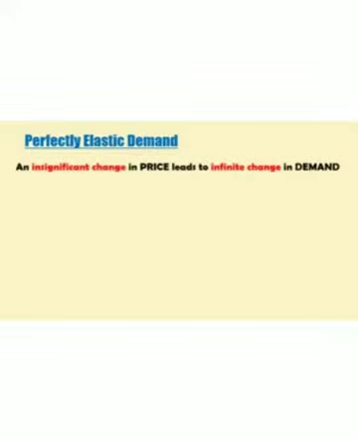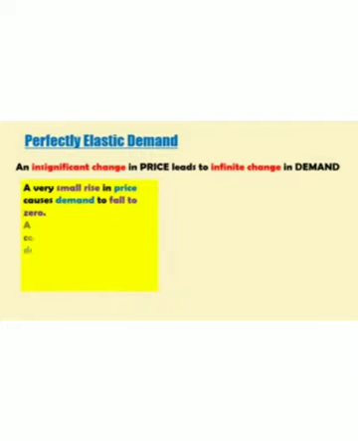Perfectly elastic demand. Demand is said to be perfectly elastic when an insignificant change in price leads to infinite change in demand. That means a very small rise in price causes demand to fall to zero, or a very small fall in price causes infinite increase in demand.